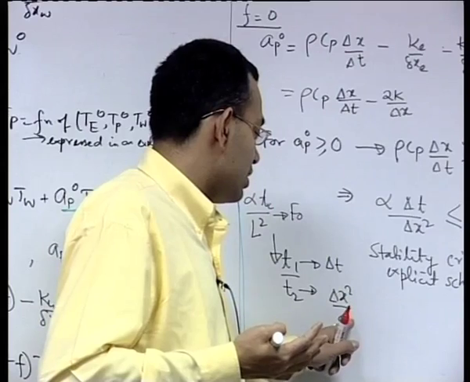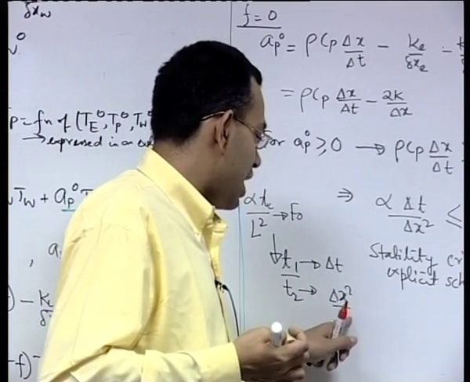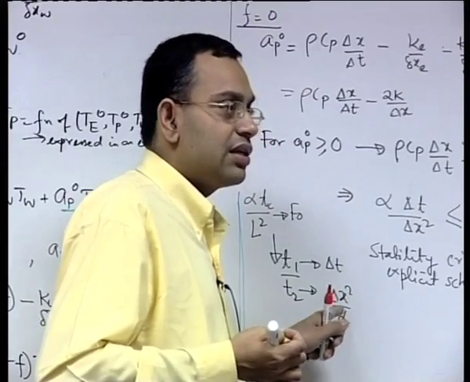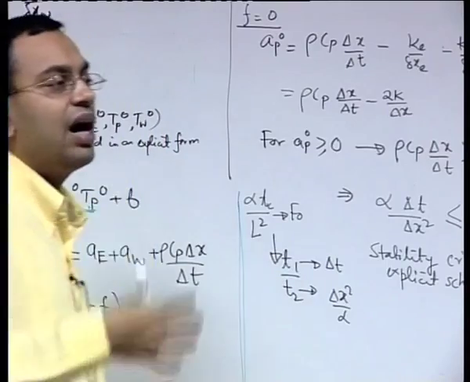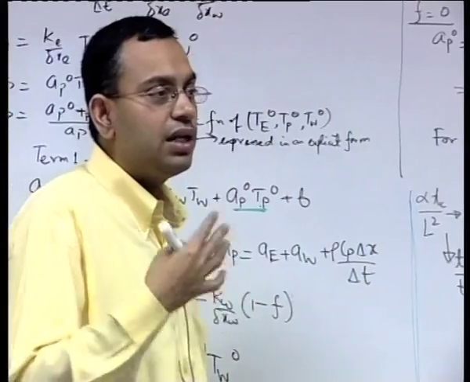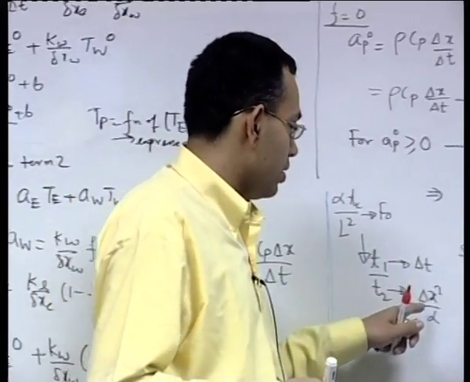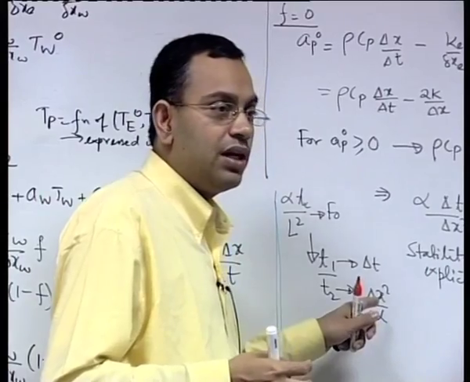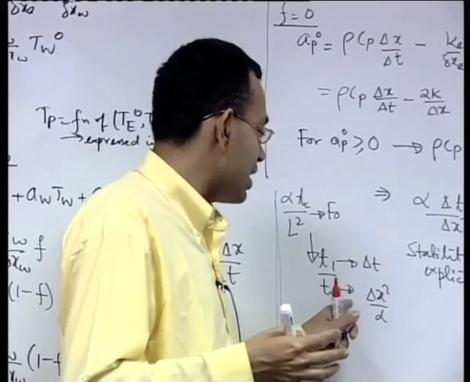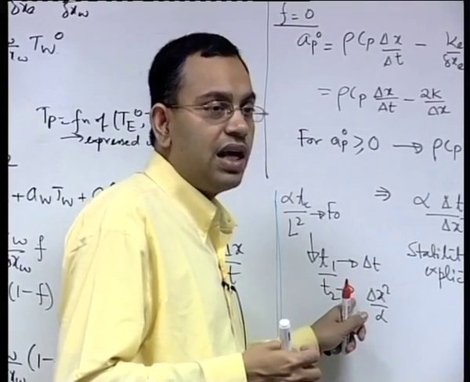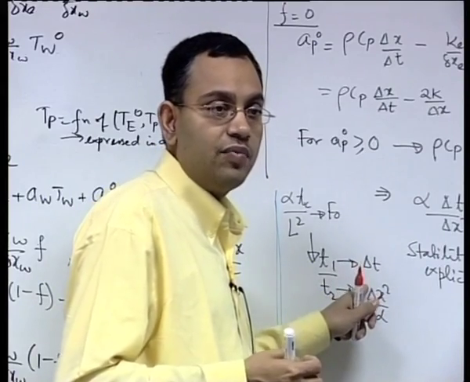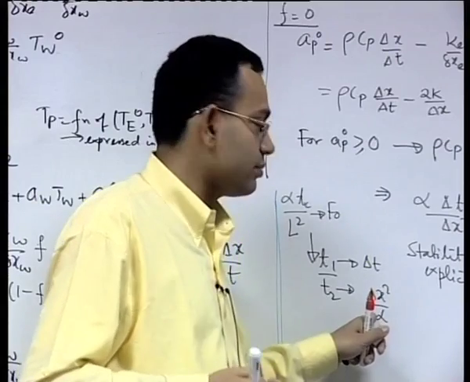So, alpha is an indicator of how fast a thermal disturbance is able to propagate within a medium relative to its storage capability. And if delta x is the length scale that you are talking about, then the characteristic time that it takes the thermal disturbance to cover that length scale delta x is given by delta x square by alpha.